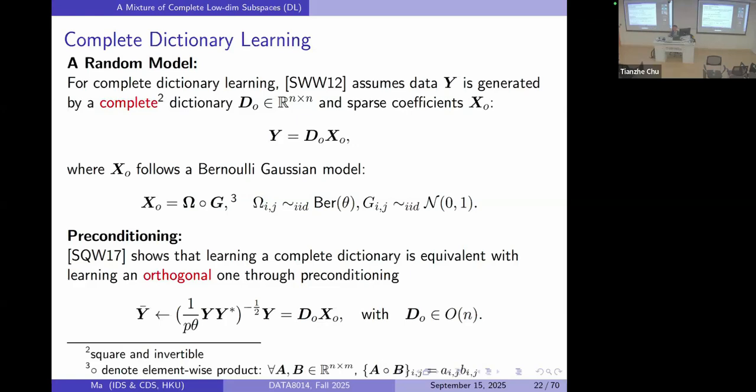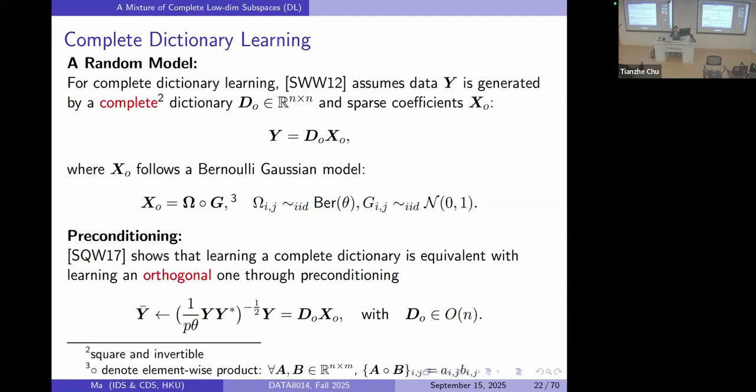D is my dictionary. Each column is like a word; with a linear combination X, choose a few words, combine them into a sentence Y. Understand? So Fourier transform and wavelets are just special cases of this.